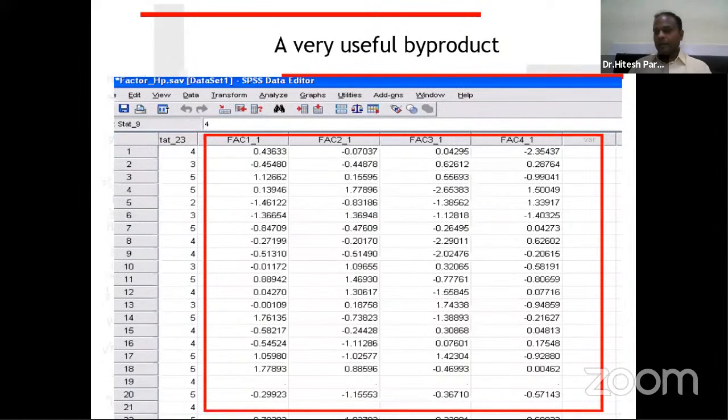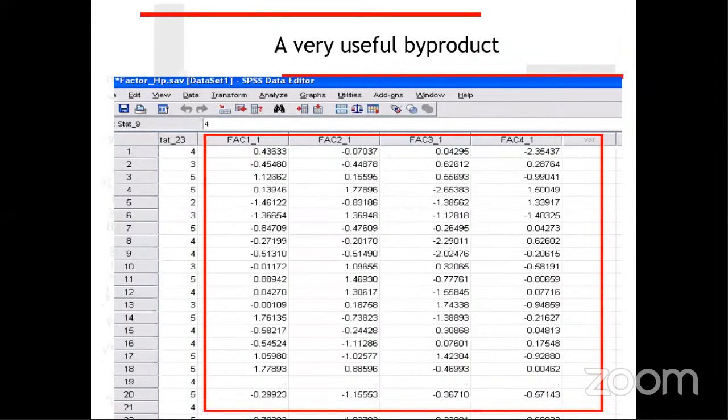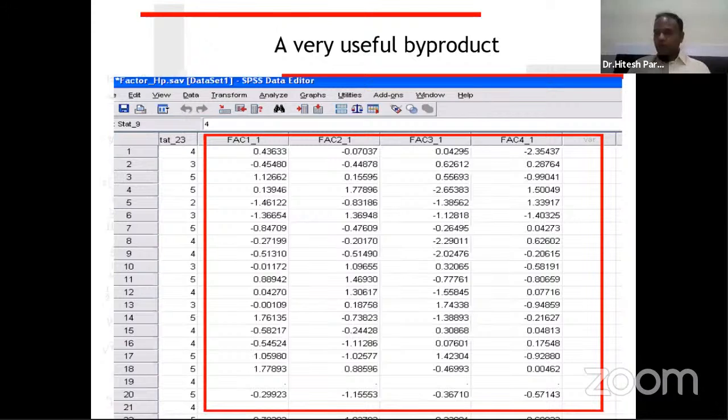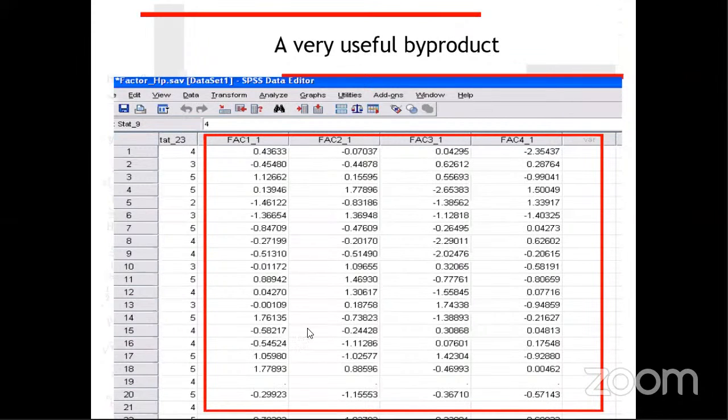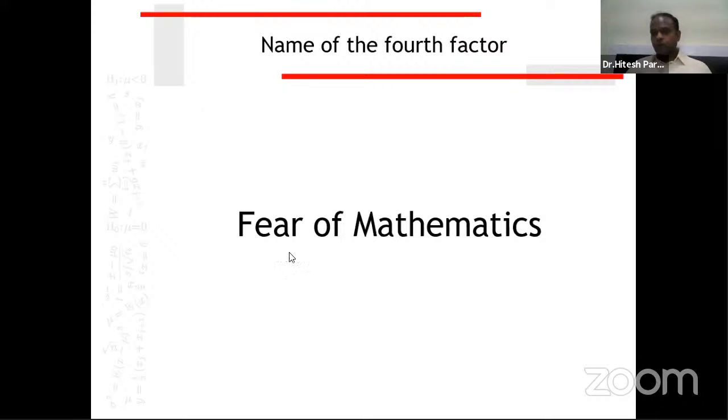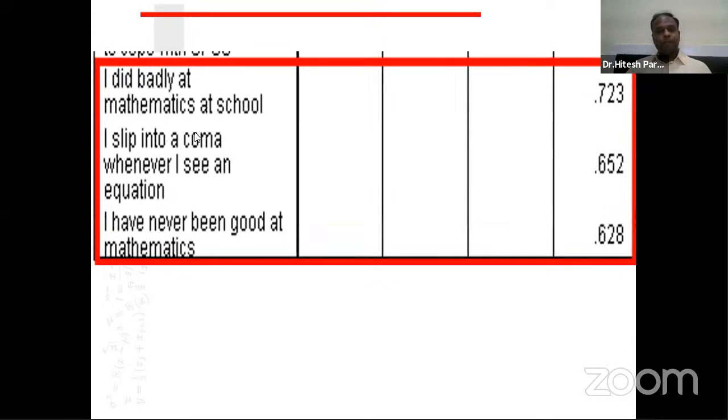You can calculate it in your Excel sheet or in SPSS also. How can you calculate? Say for example, you are calculating a factor score for fear of mathematics. You are aware from the rotated component matrix that these 3 variables represent fear of mathematics.